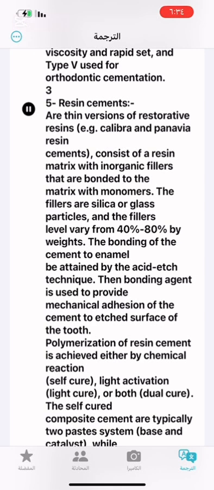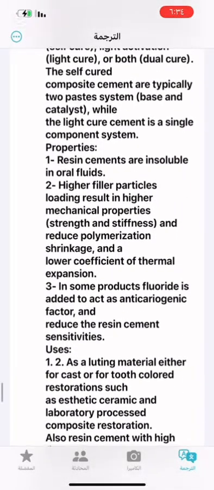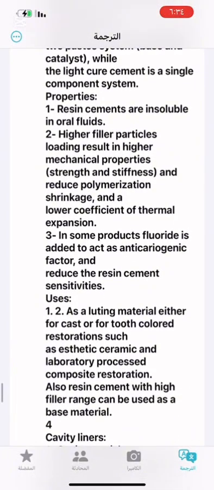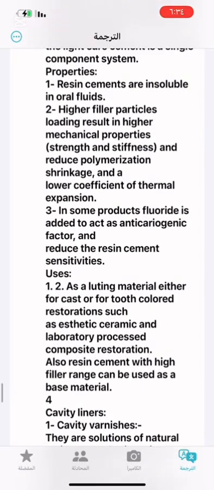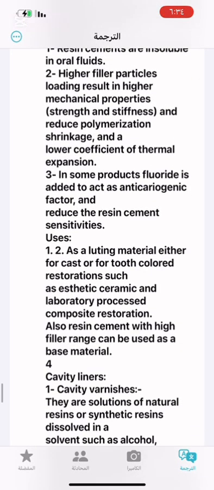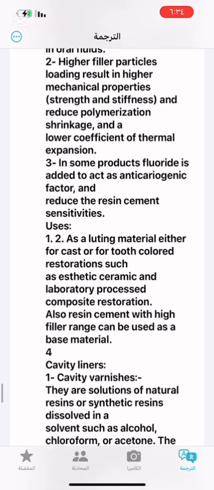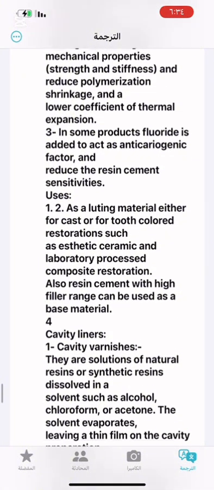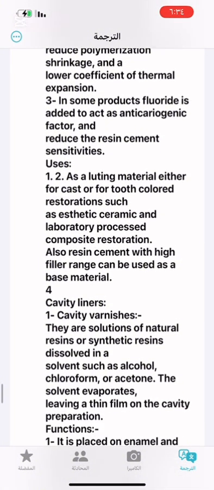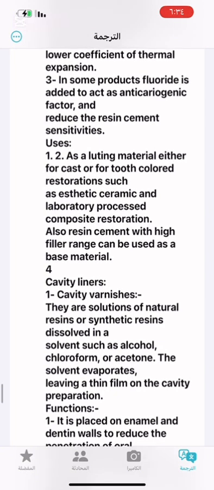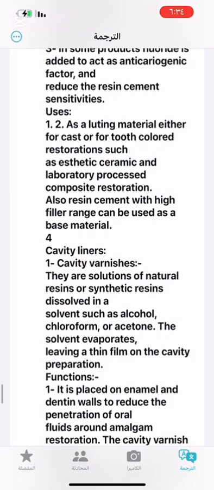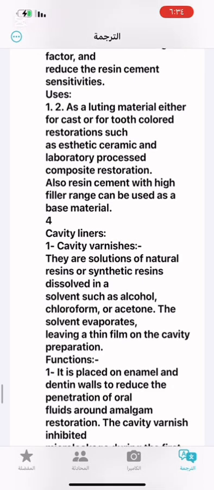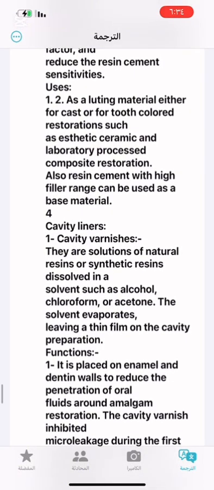2. Higher filler particle loading results in higher mechanical properties, strength and stiffness, reduced polymerization shrinkage, and lower coefficient of thermal expansion. 3. In some products, fluoride is added to act as an anticariogenic factor and reduce the resin cement sensitivities.